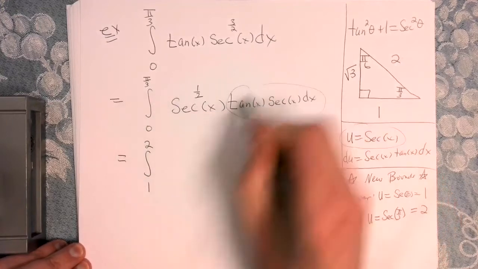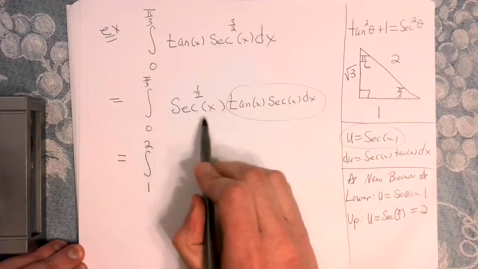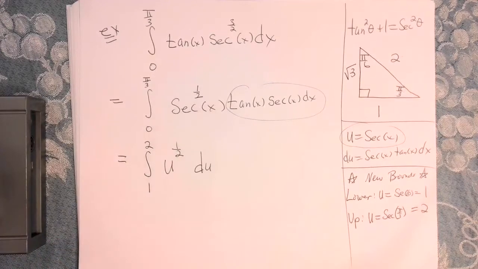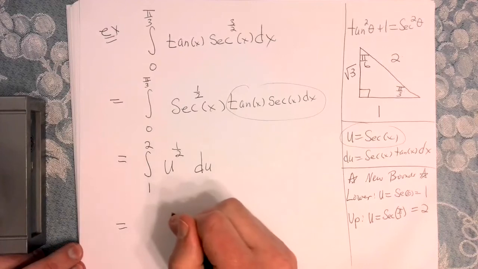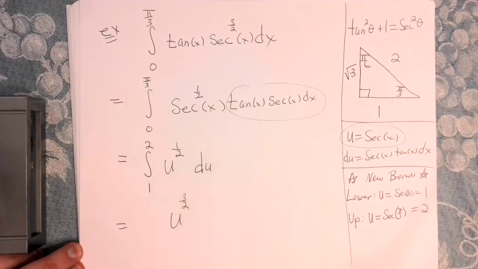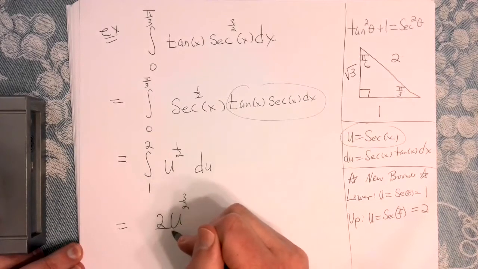So this is exactly du. That's really nice. And this is exactly u to the 1/2. So that means we can just go ahead and use the power rule. So really, really nice. So that's going to be, it looks like u to the 3/2. And then dividing by 3/2 is the same thing as multiplying by 2/3.